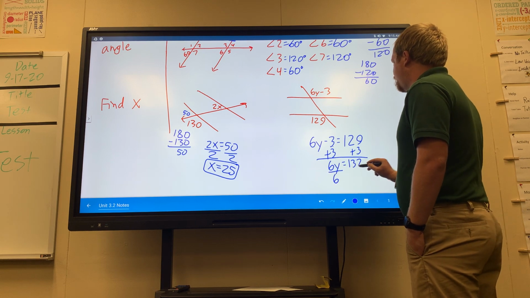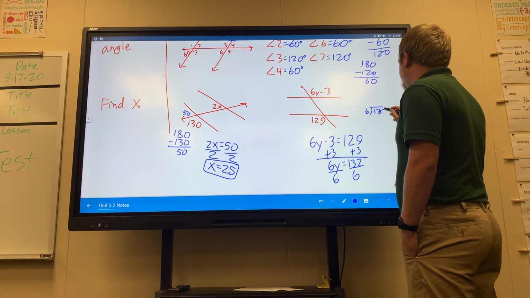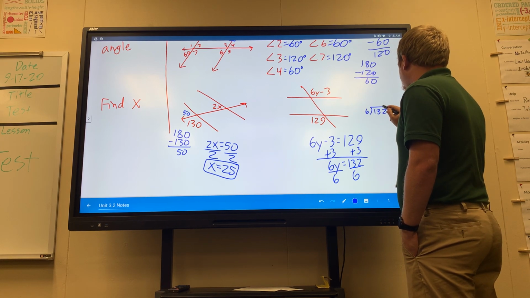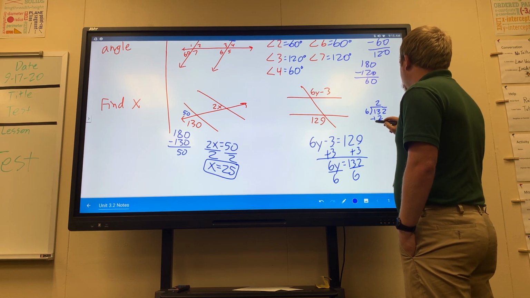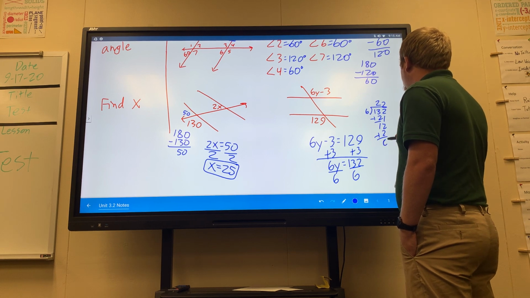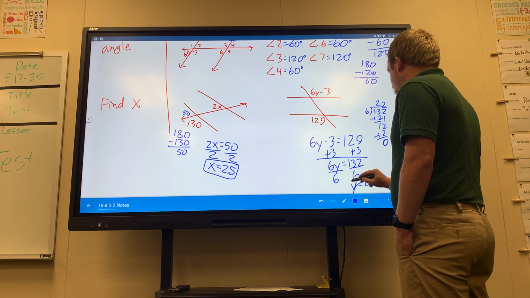Now divide by 6 on both sides. 132 divided by 6 would be 22. So y is equal to 22 degrees.